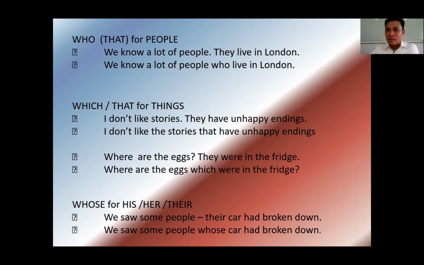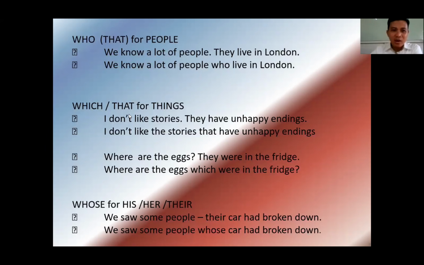To make an adjective clause, we join them together: We know a lot of people who live in London. We don't need to put "they" again here because "they" is already replaced by the relative pronoun who. Okay. Next.